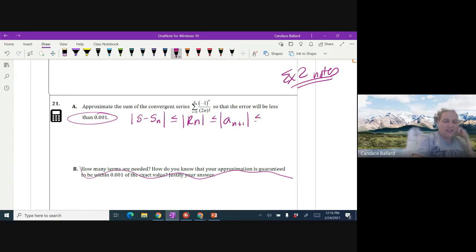We want that value to be less than 0.001. So plug n plus 1 into that and take the absolute value, ignoring the numerator. My numerator would be 1 over 2n plus 1 factorial.